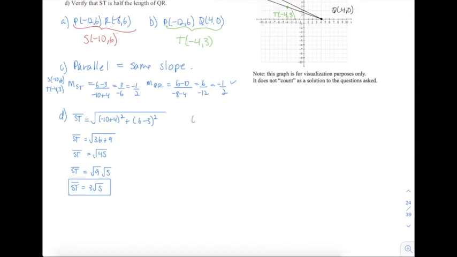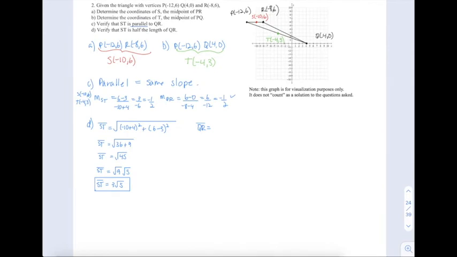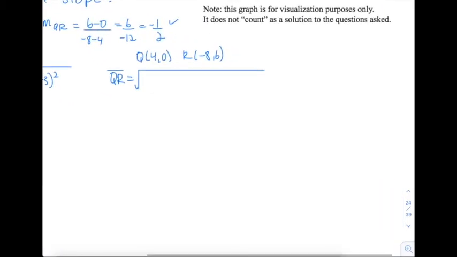Let's look at QR. Q is (4, 0), R is (-8, 6). So here we go. We've got 4 plus 8 squared, 0 minus 6 squared.